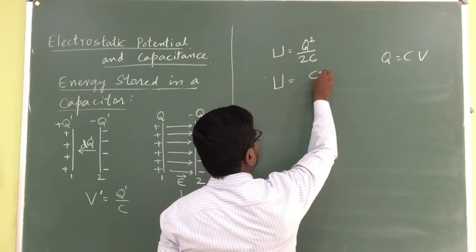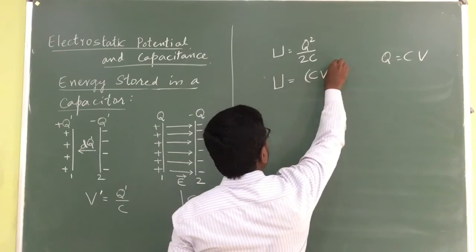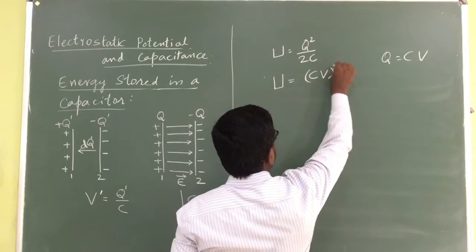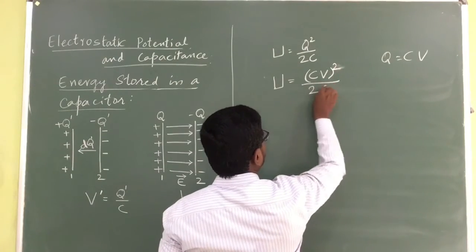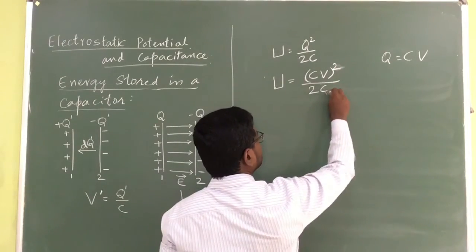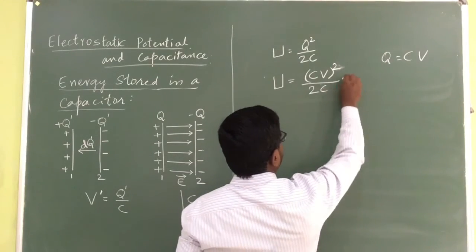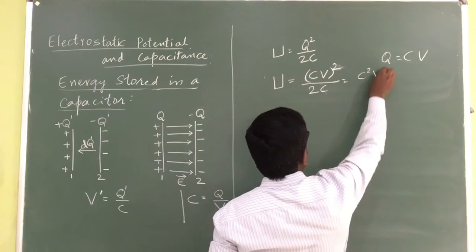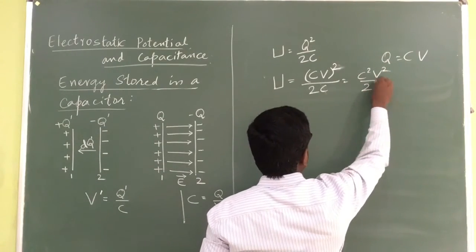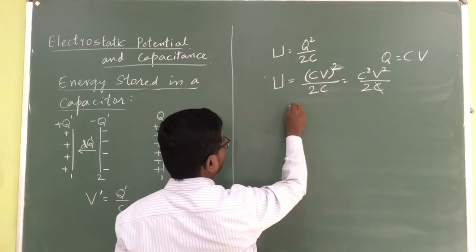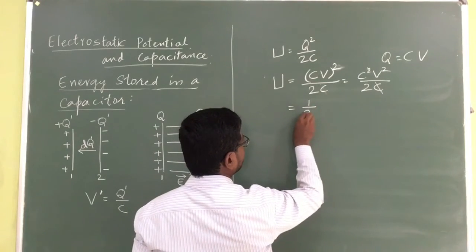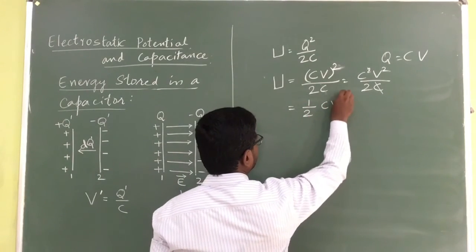Q square means it is going to become CV whole square divided by 2C. So I will just open the bracket. This is going to become C square V square divided by 2C. This C and this square cancel out. What we are left with is half C V square.